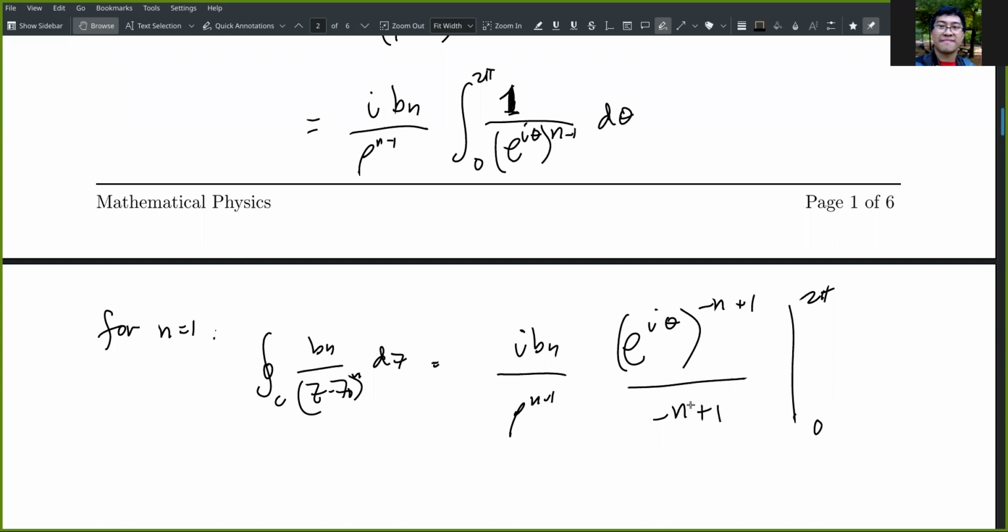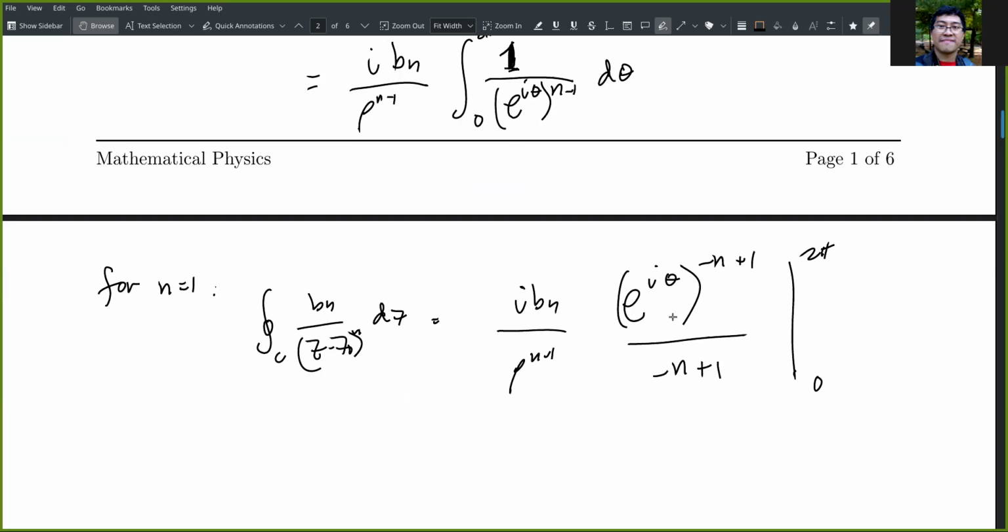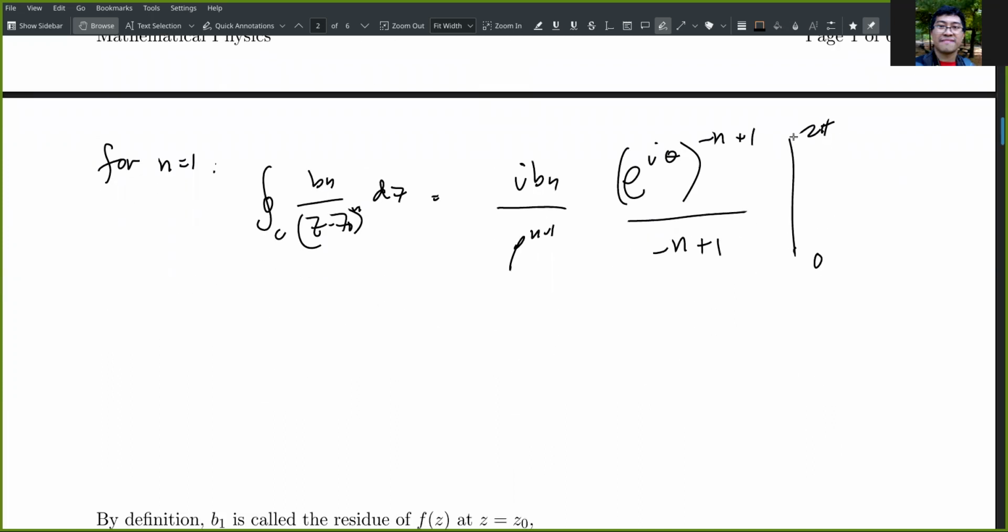The answer is proportional to e^(i theta), which for theta equals 2 pi is 1, and for theta equals 0 is also 1. So the limits cancel out, and this is equal to 0.